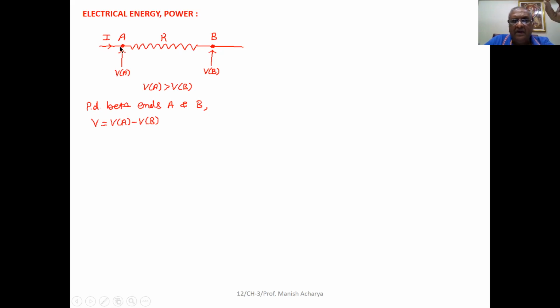Suppose potential at A is VA and potential at B is VB, then VA is greater than VB. So potential difference between A and B, V equal to VA minus VB.